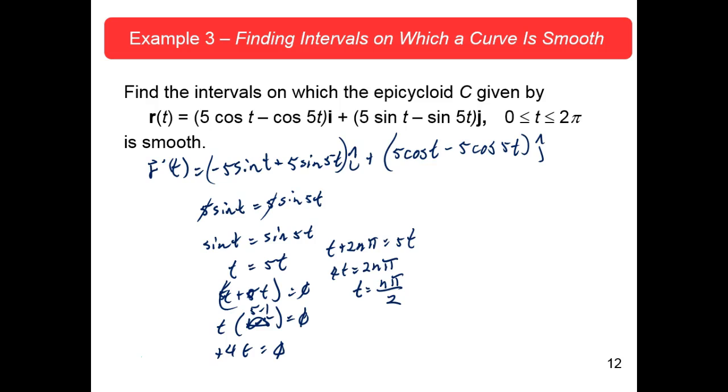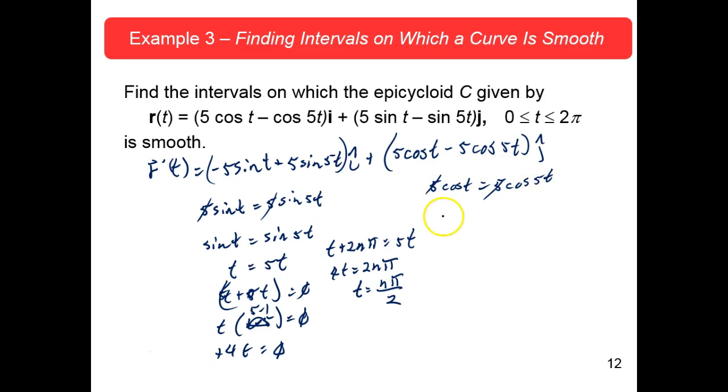Let's do the same for cosine, and that would be where 5 cosine t is equal to 5 cosine 5t.